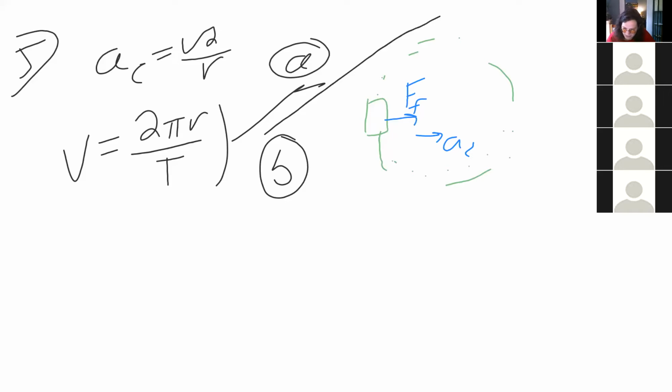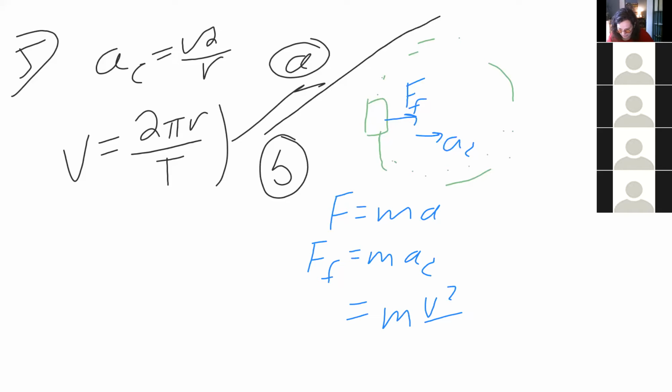So from F equals ma, you could say that the force of friction is equal to the mass times the centripetal acceleration. And then this, you know already, the centripetal acceleration is v squared over r. And pretty quickly, the problem has broken down into just a plug-in right there.